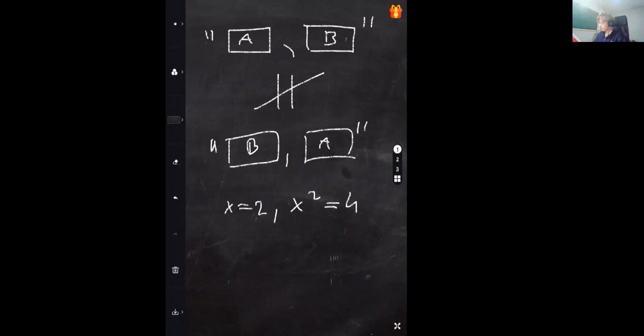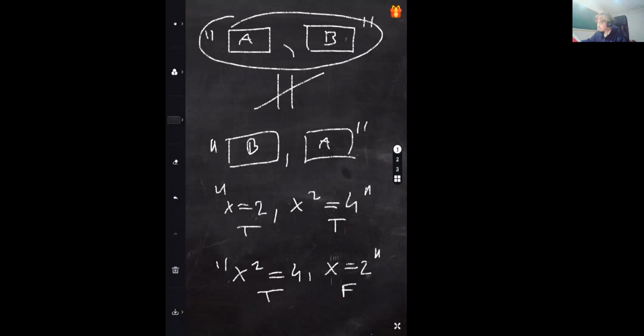This implication is true, because true implies true. But if x squared equals 4, then x equals 2 is false, because true does not imply something which is false, because it could also be -2. So this statement and this statement are called converses.